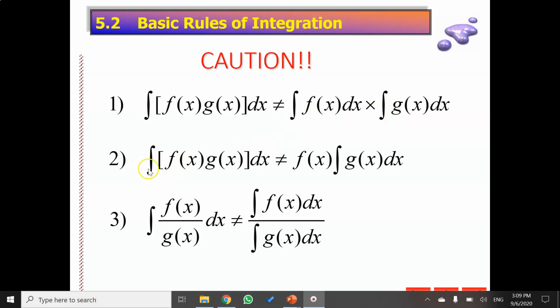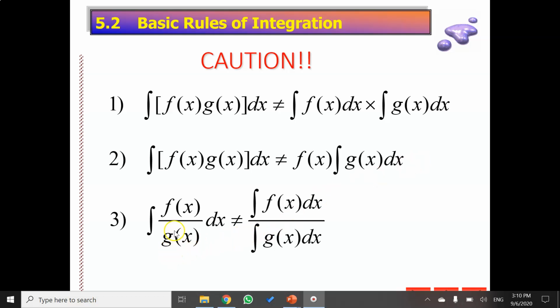Okay, the second one you have to be cautious about: the integration of f(x) g(x) dx is not equal to the function f(x) times the integration of g(x) dx. This is also wrong. You cannot do that.